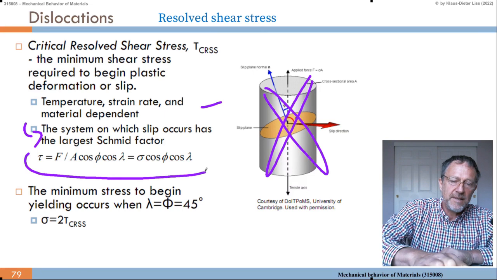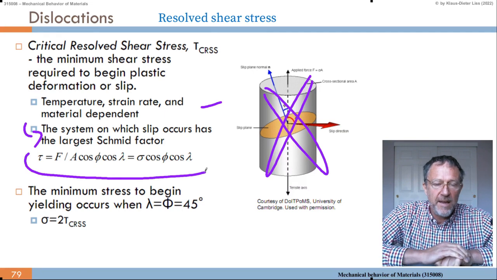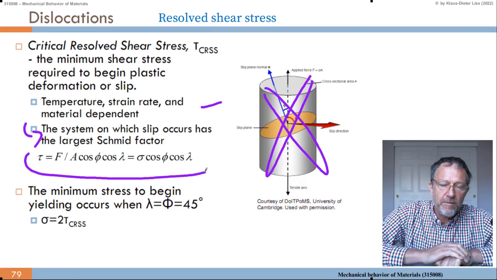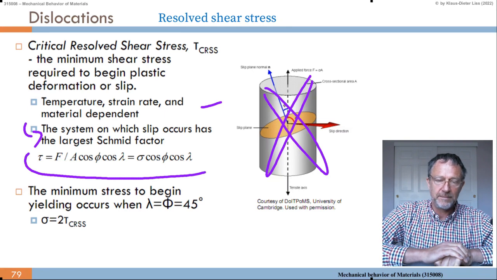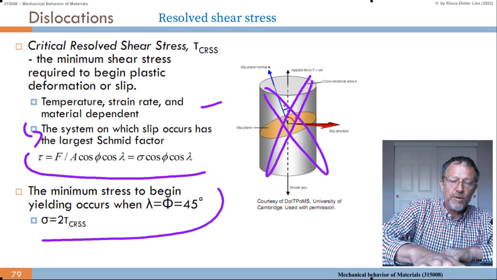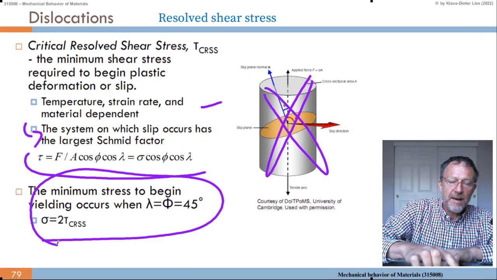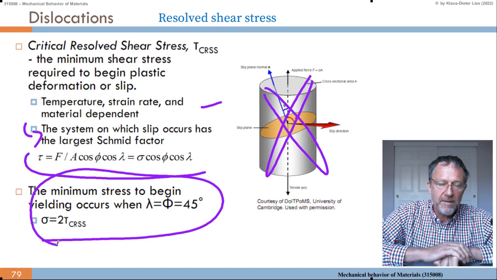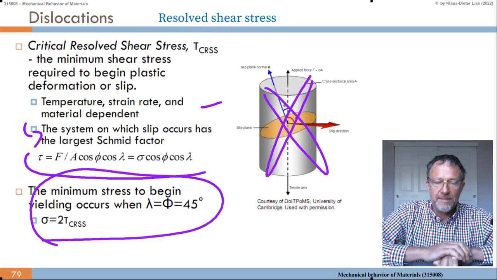So the stress tau is F over A cos phi cos lambda, which equals sigma cos phi cos lambda. The minimum shear stress to begin yielding occurs when lambda equals phi equals 45 degrees, and then sigma equals 2 times tau CRSS.